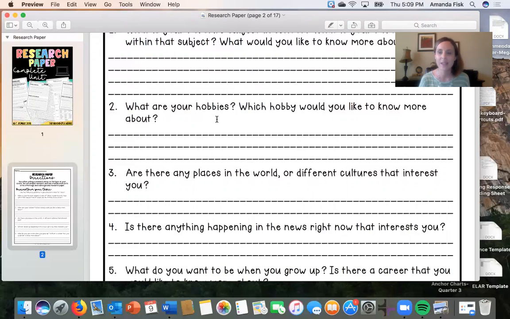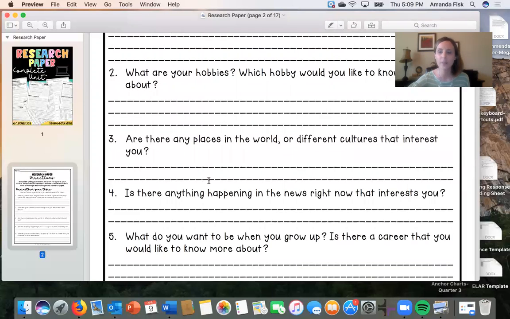I might even say that hiking or running or walking could be one. So I think for me, I love to hike. I probably would pick hiking because it's something that I really could learn a lot about. There are lots of places that you can go and hike. And I could also read about how to train my body to be successful on these hikes. So I would pick hiking.